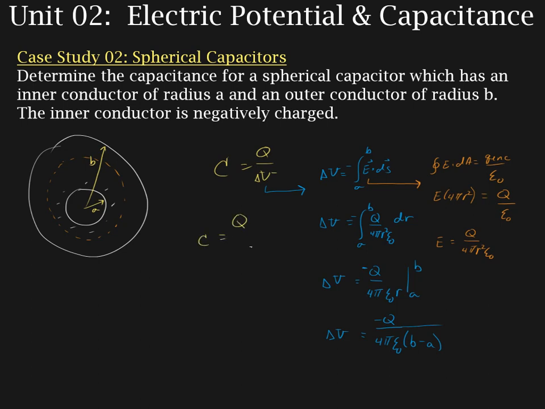So we get Q over minus Q divided by 4 pi epsilon naught times B minus A, and the two Q's of course cancel, and we get C is equal to 4 pi epsilon naught over 1 over B minus 1 over A. And when we throw the negative sign on here, the B and the A's are going to switch positions, and we get C is equal to 4 pi epsilon naught divided by 1 over A minus 1 over B.